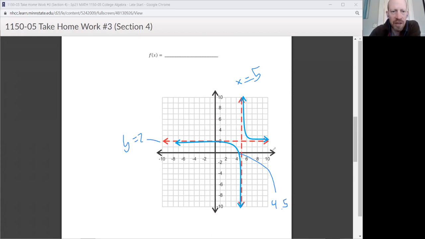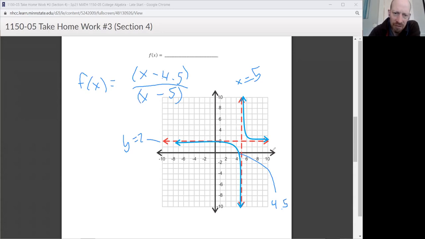So what I would do then is write my function by making sure that the x-intercept goes on the top, so x minus 4.5, and the vertical asymptote goes on the bottom, x minus 5.